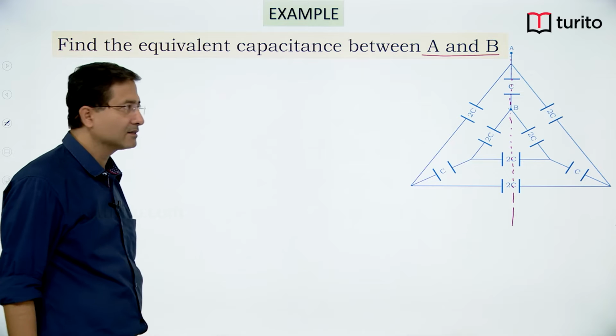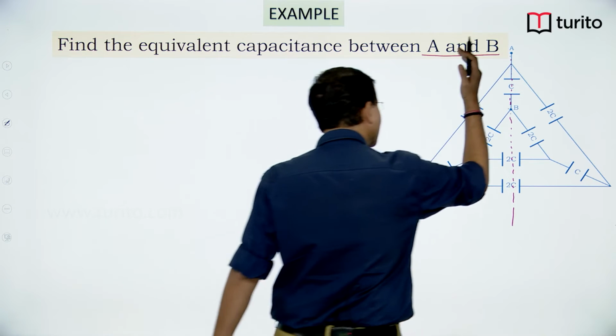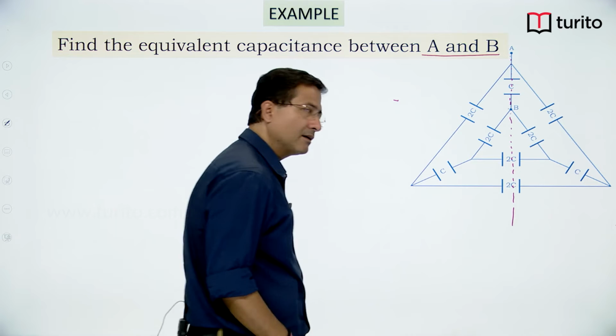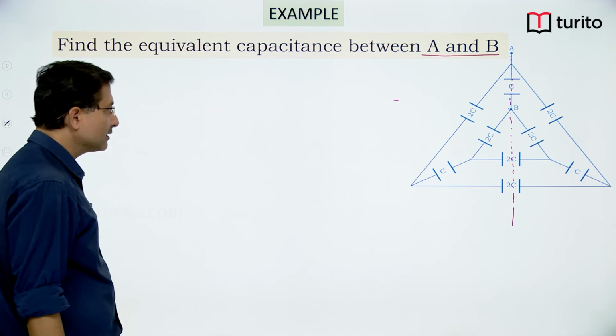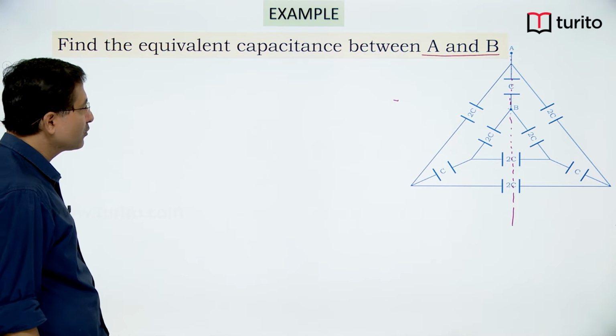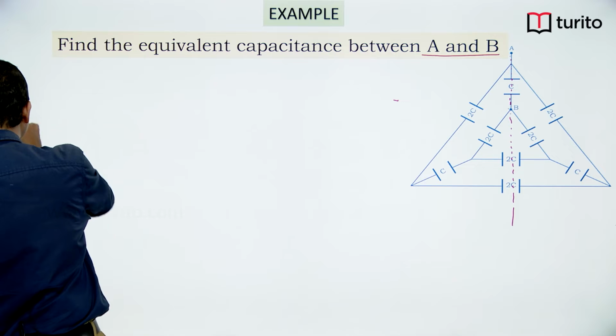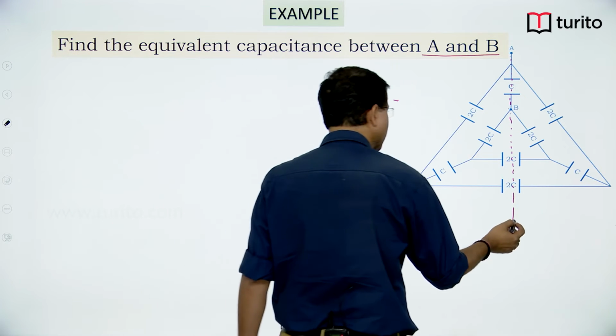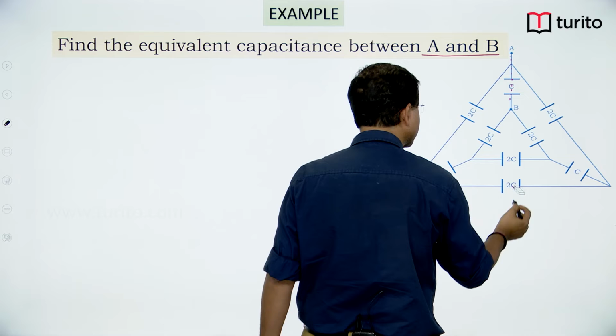Folding, so we can clearly see about this line, whatever you are getting on this side, same thing you are getting on the other side. So folding we can easily see. Let's see input output symmetry.